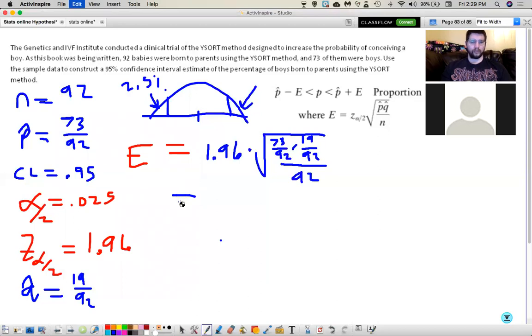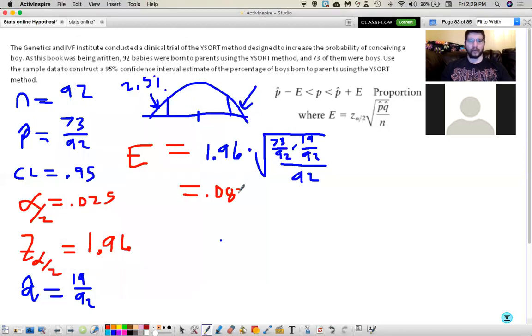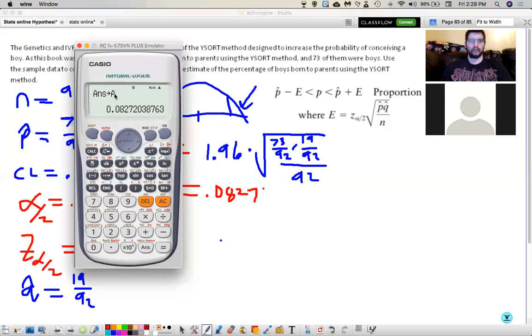I get my error is 0.0827. But again, I'm not going to use the 0.0827. I'm going to use the whole decimal that I stored to the letter A. We don't round until the end.